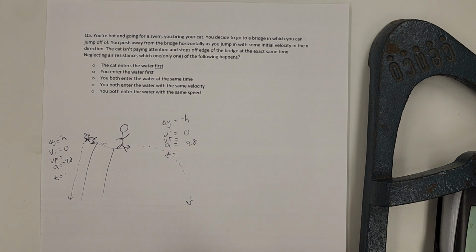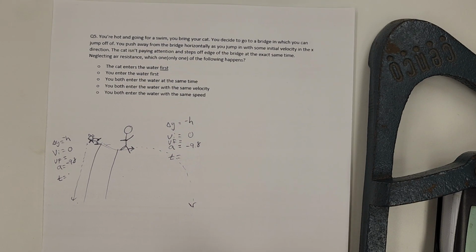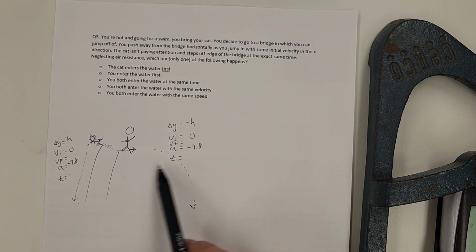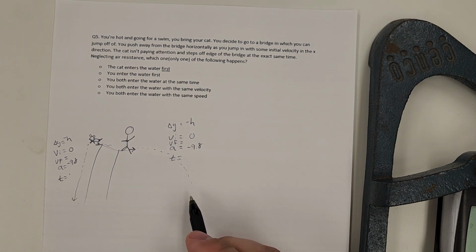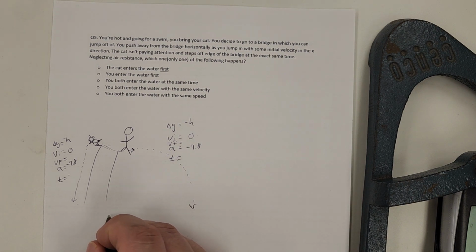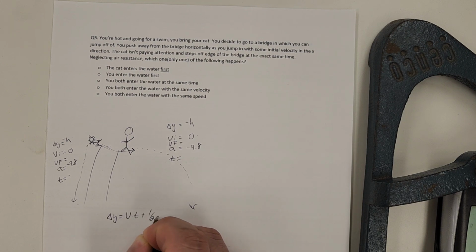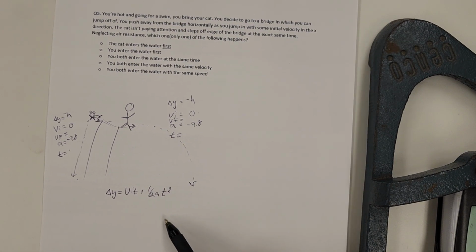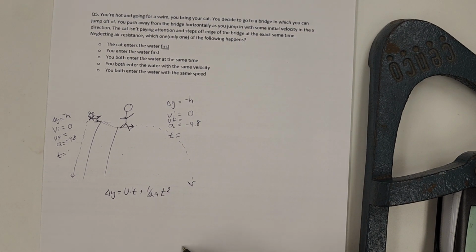So the time is the first one we're interested in. Since these numbers are all the same, if we look at the equation that doesn't have vf in it, change in y is equal to vi t plus 1/2 a t squared, and plug that in for both of these, we'll end up with the exact same answer regardless of what h is.